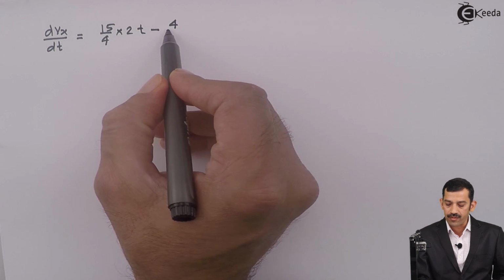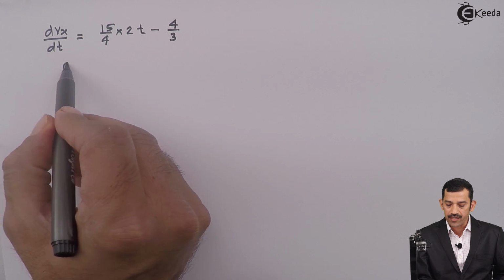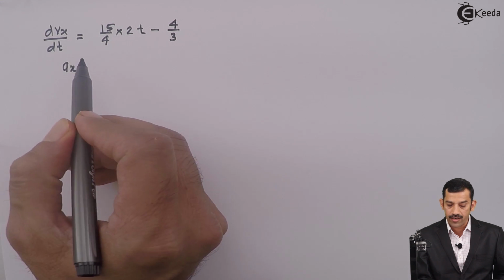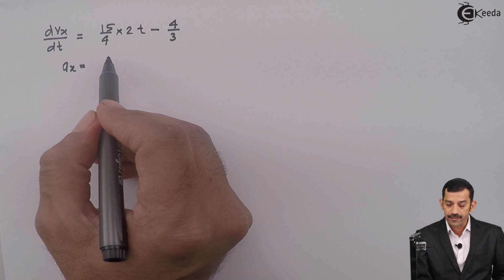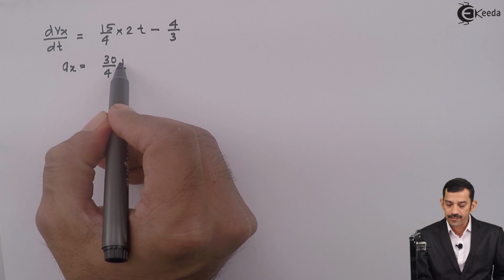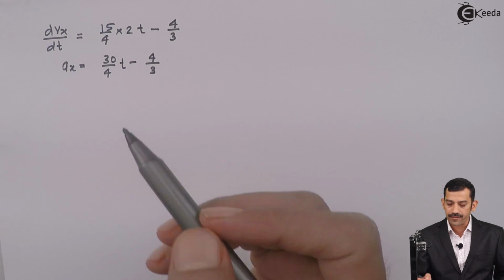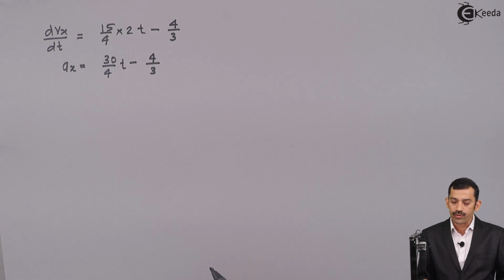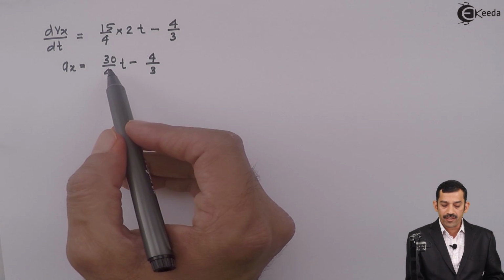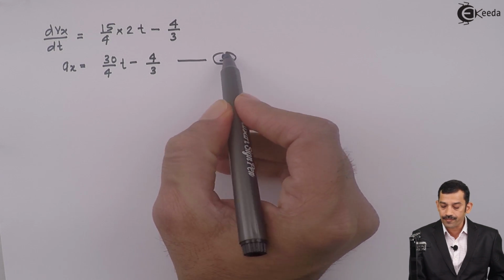That is the acceleration along the x-axis: 30 by 4 t minus 4 by 3, or 7.5 t minus 4 by 3. This is equation number 5.